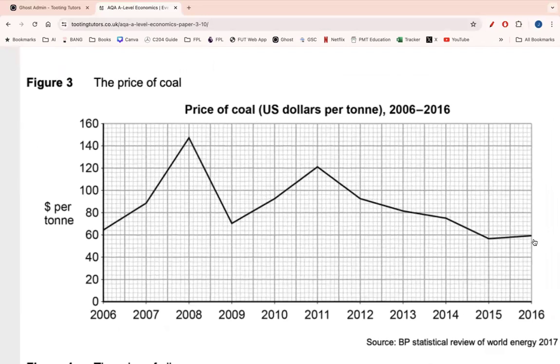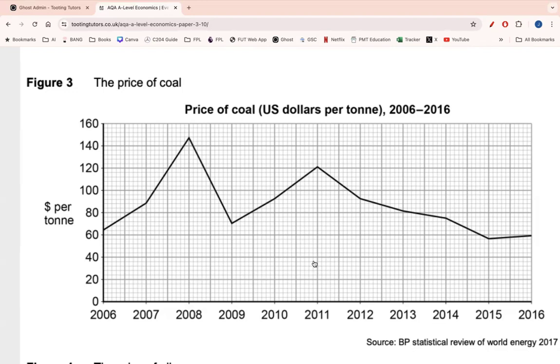However, that is a very, very slight change. And throughout the period 2006 to 2016, there have been constant fluctuations, such as a high price in 2008 and a high price in 2011. That's my limitation. So therefore, the data doesn't tell us whether reliance has gone up or down. And also, changes in price could be down to other factors apart from demand.